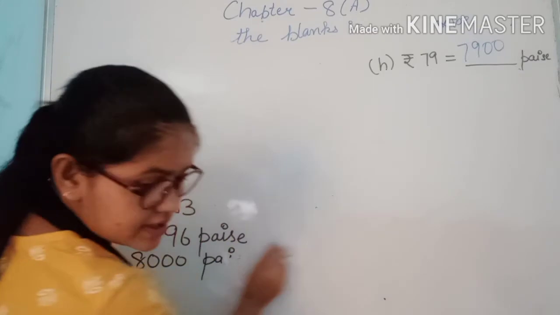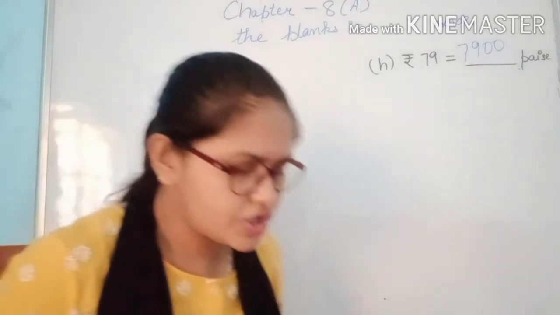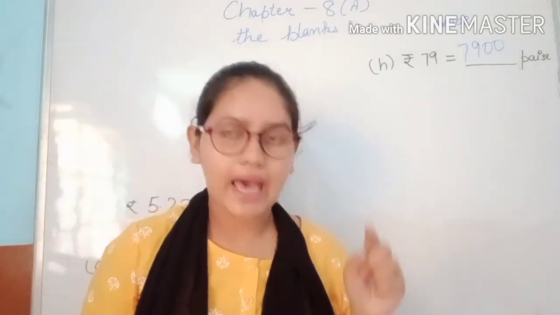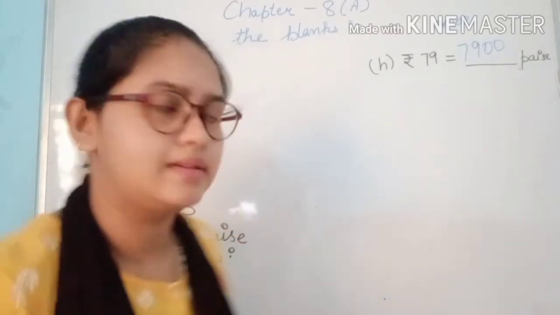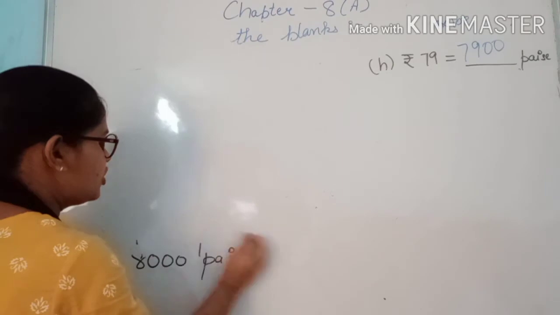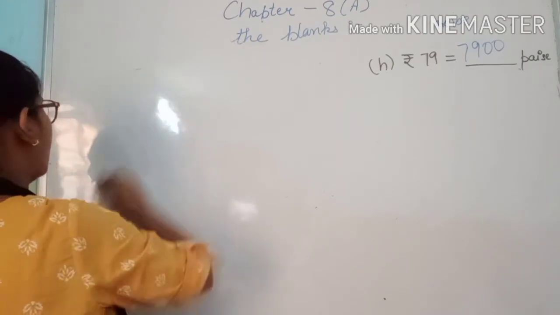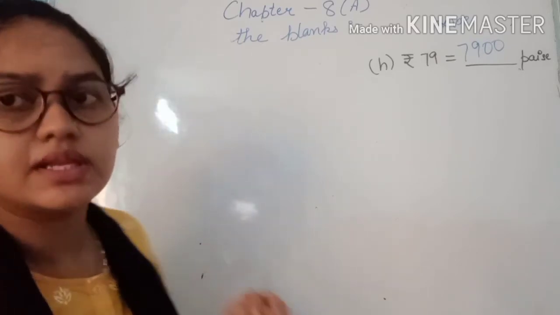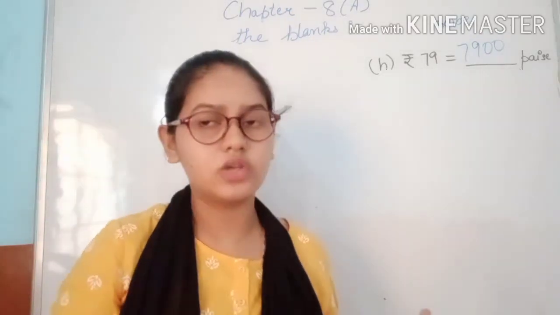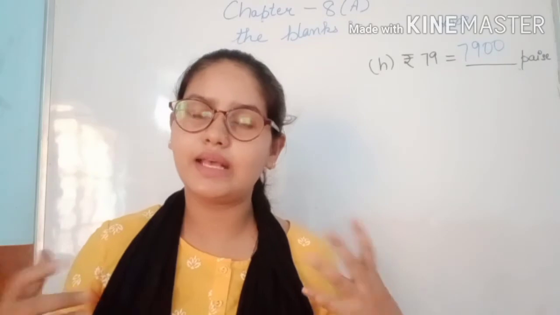So students, the first is 14 rupees 65 paisa add 22 rupees 55 paisa. You can write on your copies or in your notebook if you want to solve these sums in your book. It's your wish.